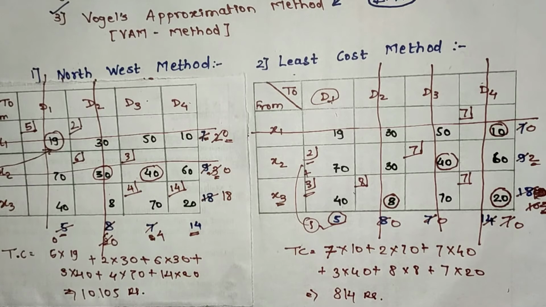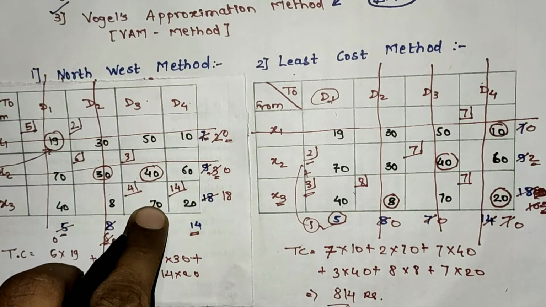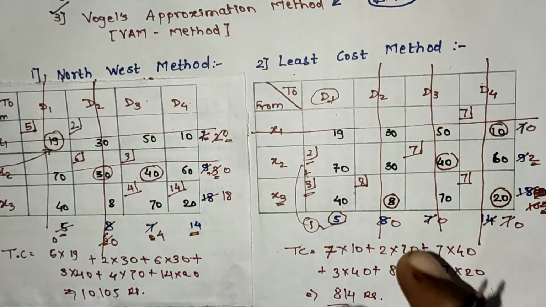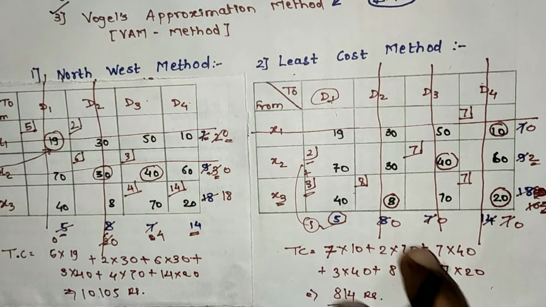So the total transportation cost we require for this problem is 814 rupees with the help of the least cost method. This is the most suitable way we have right now to reach the particular destination in order to minimize the cost. Now again let's see Vogel's method for a similar problem, and let's find out the transportation cost with the help of Vogel's method.